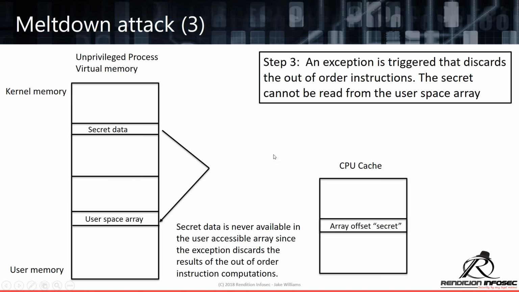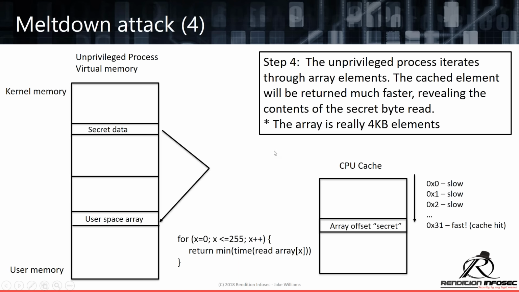At this point, we come back and in step 4, we begin reading through memory. I said before a capital A, which is hex 41. I forgot I used 31 in this instance, but you get the idea. We're going to execute a tight loop here, and for 0 to 255, return the minimum time to read an array element.